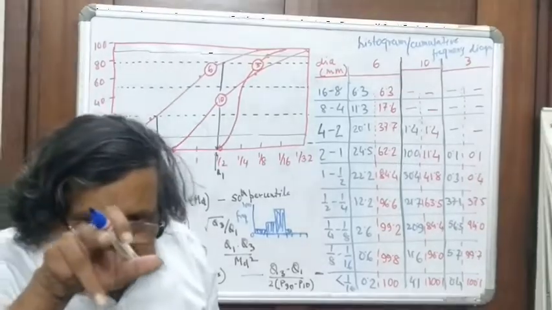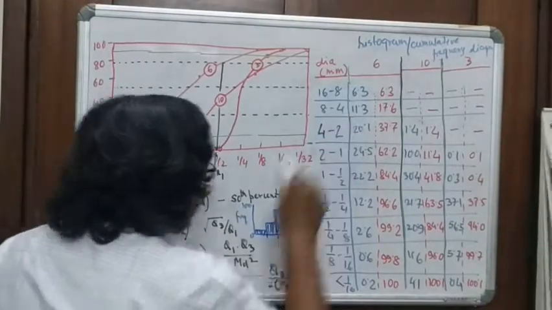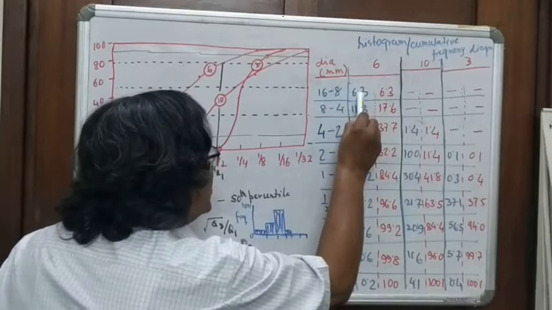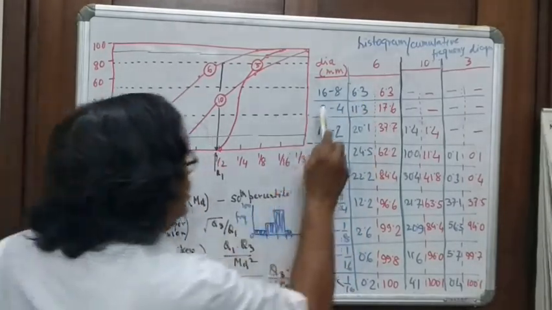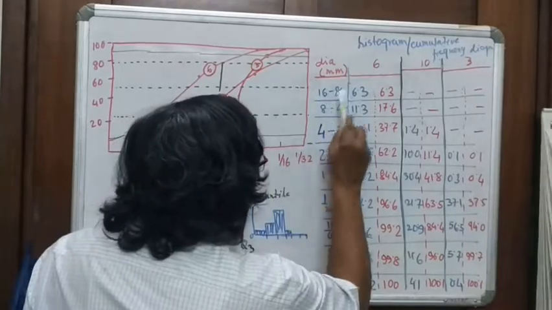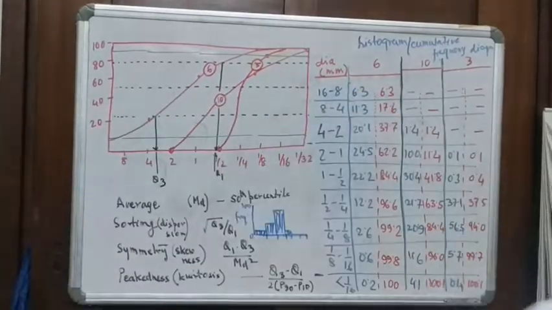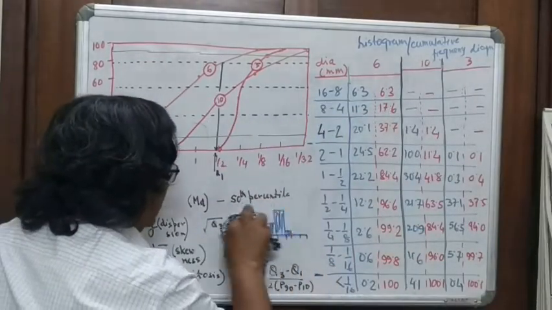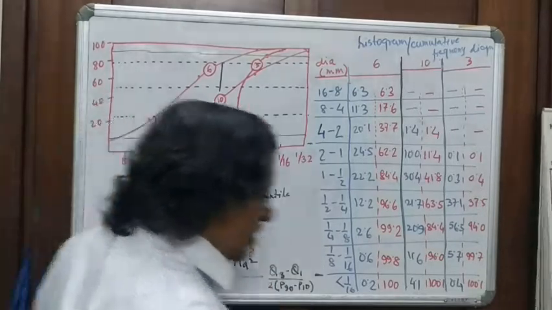In a cumulative frequency diagram, you don't do this. Here you have plotted this versus this. But in a cumulative frequency diagram, you plot diameter versus cumulative frequency. And this is what I have done in the diagram on the top left, the frequency diagram. And I have done this for all three samples.